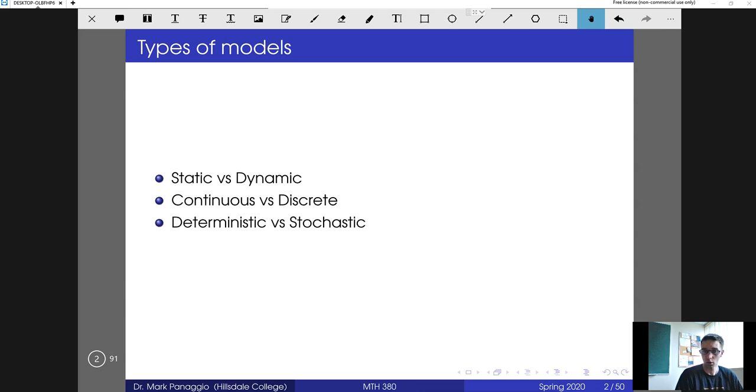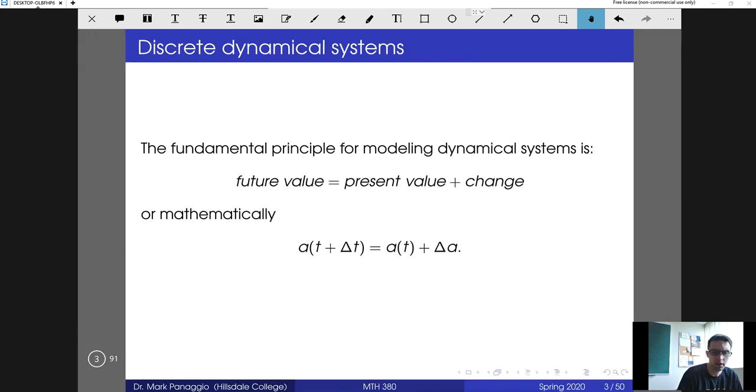There's various ways to incorporate randomness, but if we have a stochastic model, if we've incorporated some randomness, then every outcome of our model is going to be slightly different. And so we're going to want to make different sorts of claims about the model. More specifically, we're going to be interested in making claims that are probabilistic in nature. What is the probability that the outcome looks like X or Y? Okay? All right, so that's where we're headed. Let's start by thinking about discrete dynamical systems, and we're going to look at deterministic models first, and then we'll get to stochastic models in our next unit.